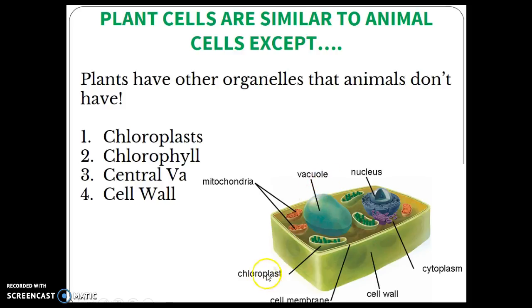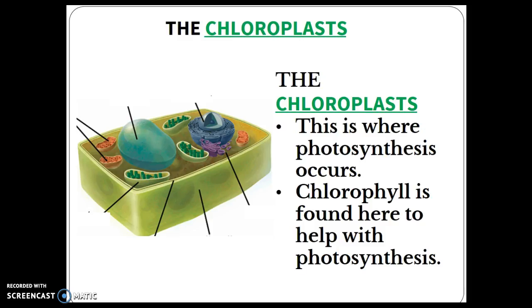The chloroplast is this thing right here, and this is where you are going to get photosynthesis processing, and it contains chlorophyll. So the chloroplast, where photosynthesis occurs, and chlorophyll is found here to help with the photosynthesis.